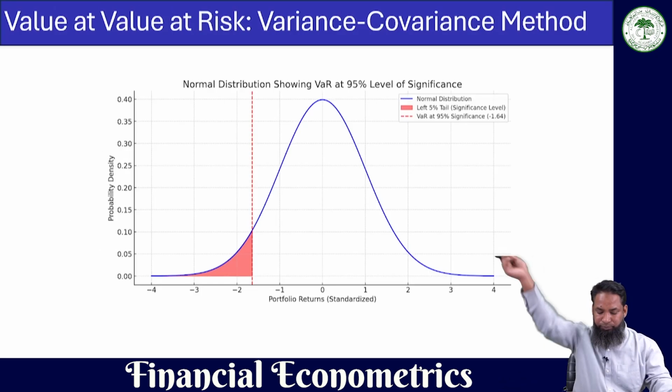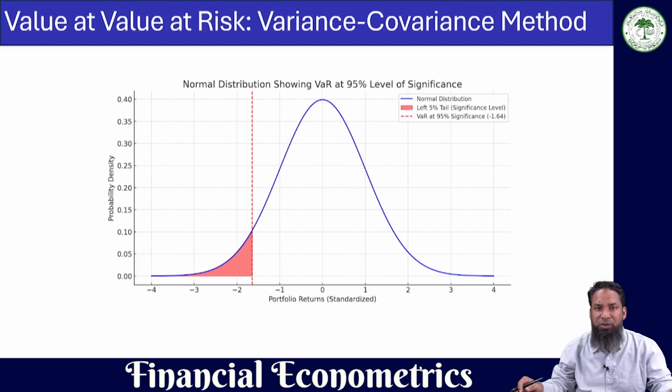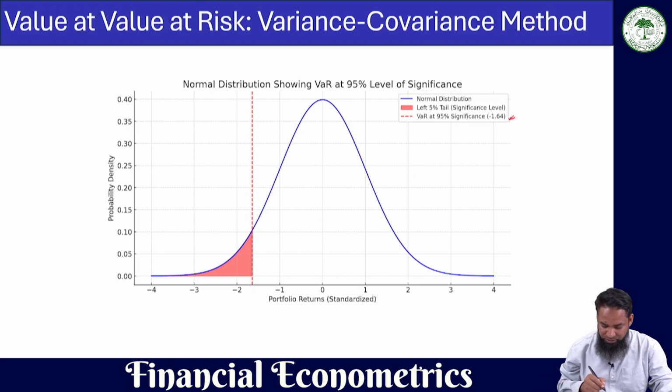Now, what basically do we do in the variance covariance approach? We assume that the return follows a normal distribution. And from the normal distribution, we know that at the 95% confidence interval, at this point, the value will be minus 1.64.